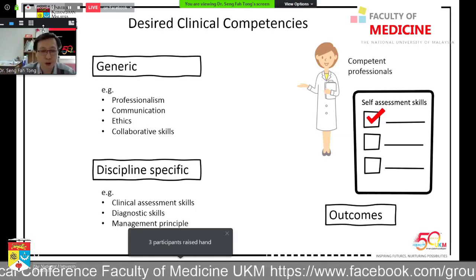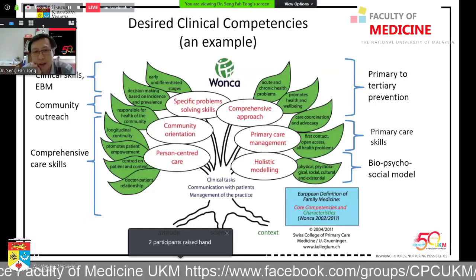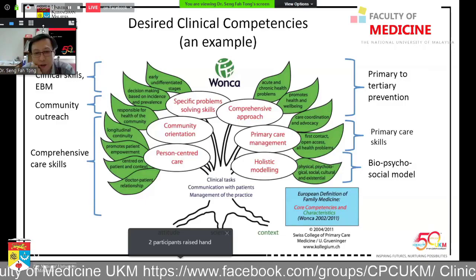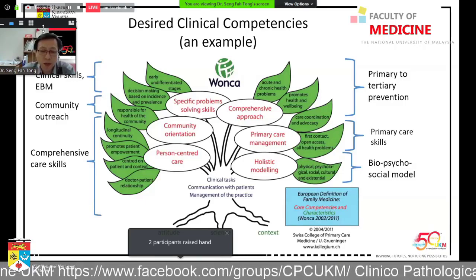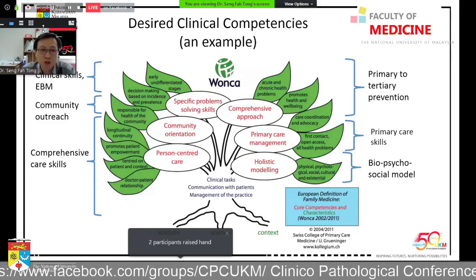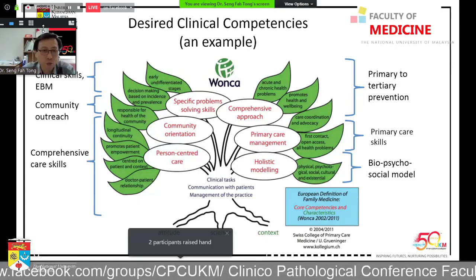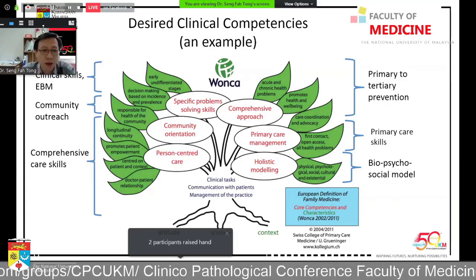Soft skills can be something challenging in clinical supervision. I'm just giving you an example of a primary care competency. These are the areas of the framework that we need to look up. Before we even talk about online, we need to go back to what exactly we want to supervise. This chart summarizes what a primary care doctor, or rather a family physician, should acquire.